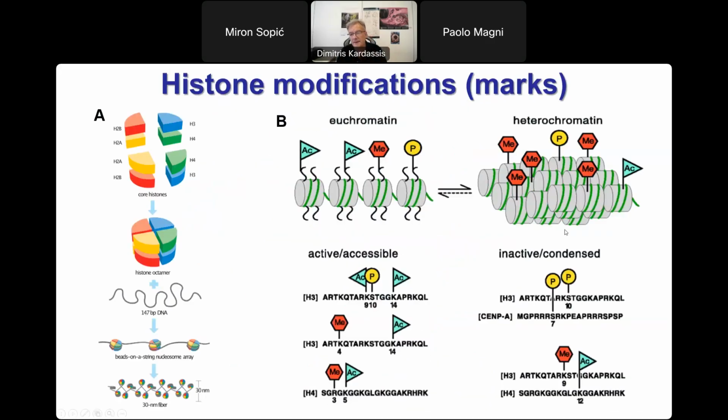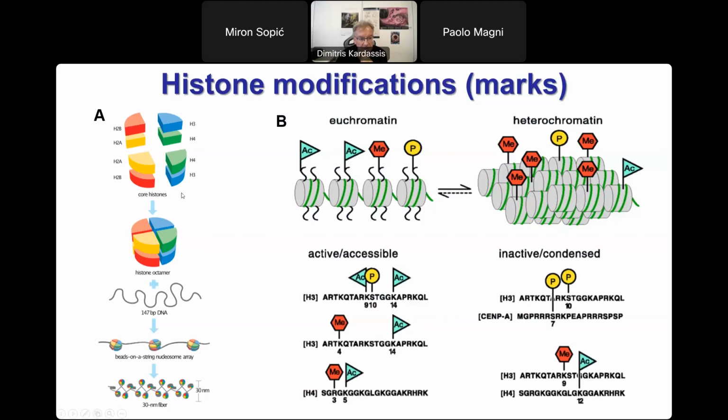Now, of course, the regulation of a gene depends heavily on the epigenetic modifications of its promoters and enhancers. As you can see here on the left, the histones are proteins which play a very important role in the organization of chromatin. There are different histones. They are called H2A, H2B, H3, and H4.